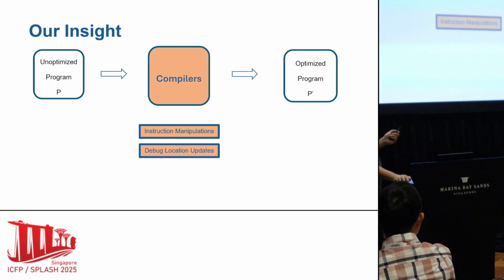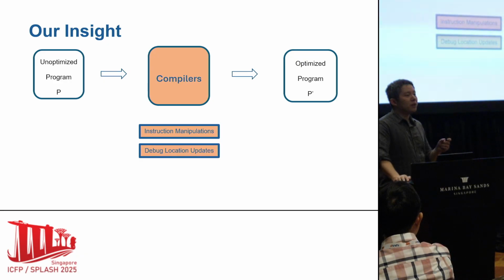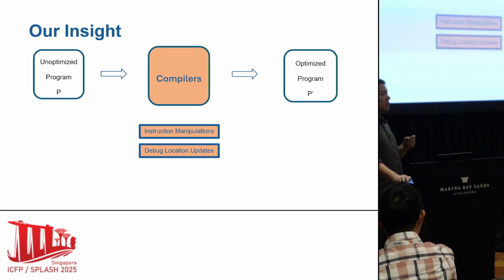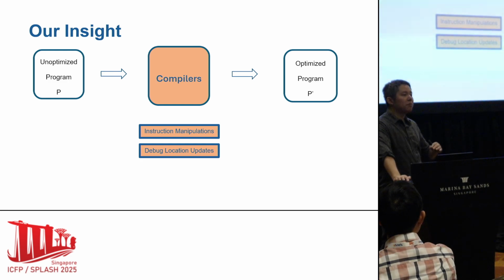And at the same time, because now we are interested in debug locations, whatever you do for certain instructions, you also need to update the corresponding debug location internally, within your internal data structures. That's the only way to maintain the consistency between P and P prime in the context of debugging information generation.